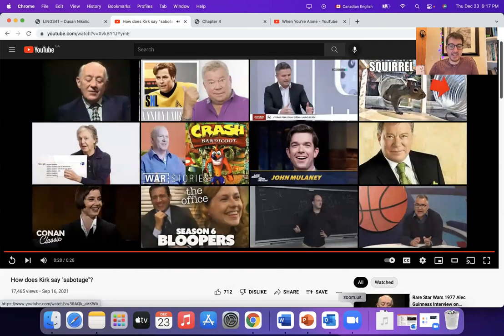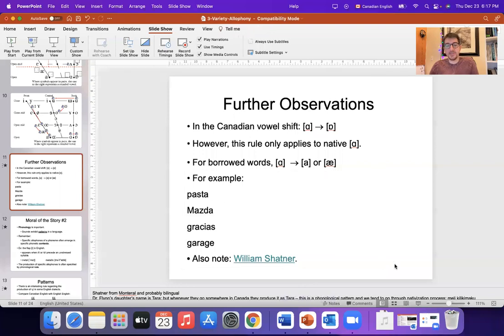Yeah, so Captain Kirk, sticking to his guns because he doesn't want to admit that he's saying sabotage, and directors are asking him to produce it in a different way, but he remains true to his Canadianness.